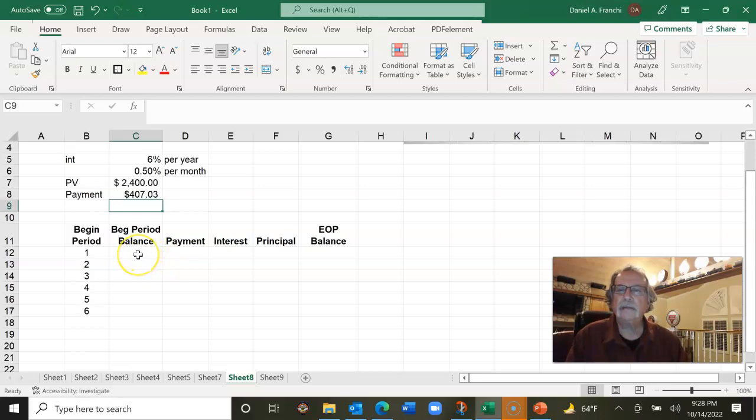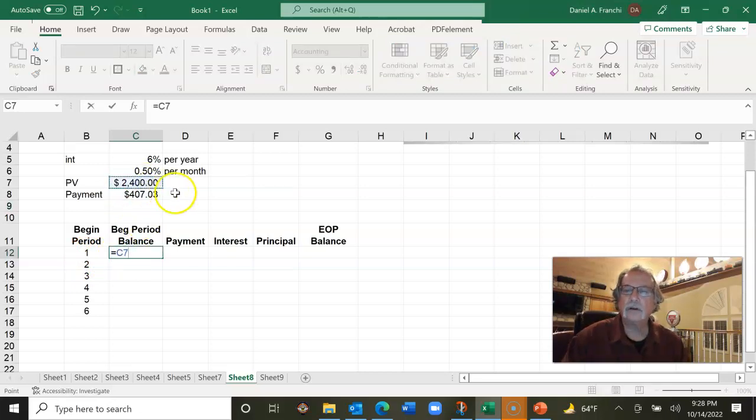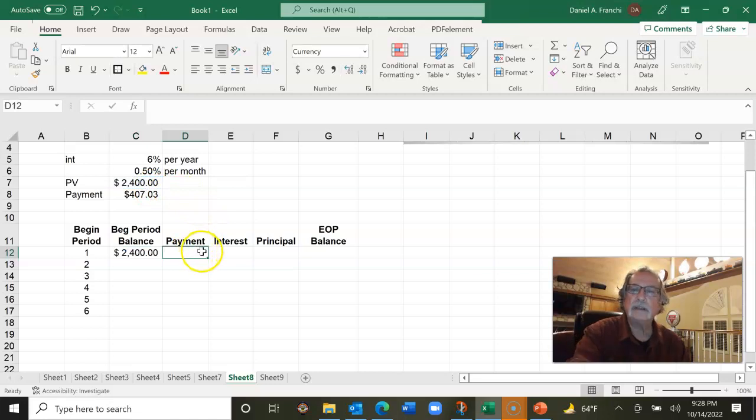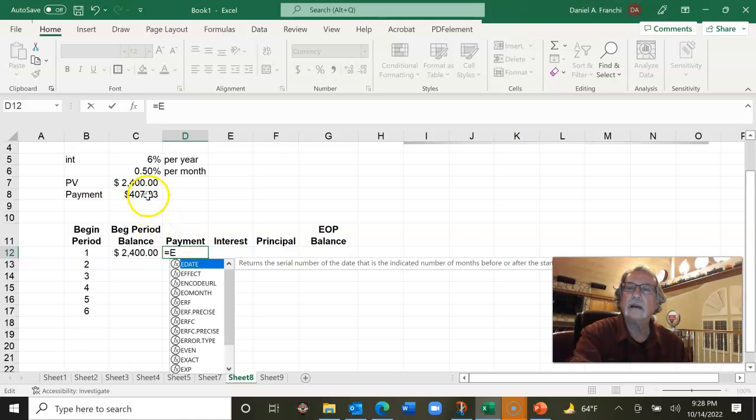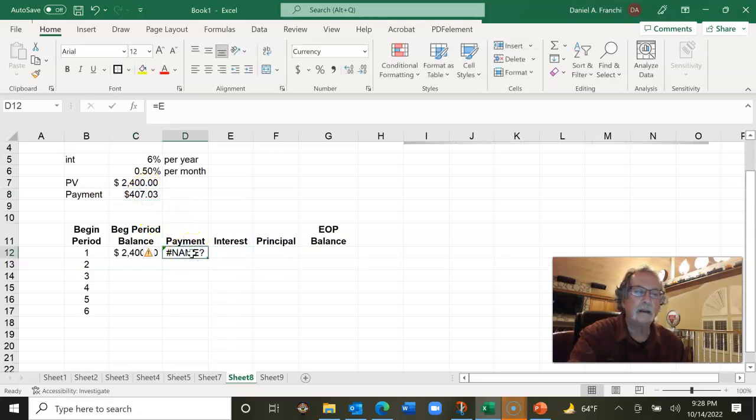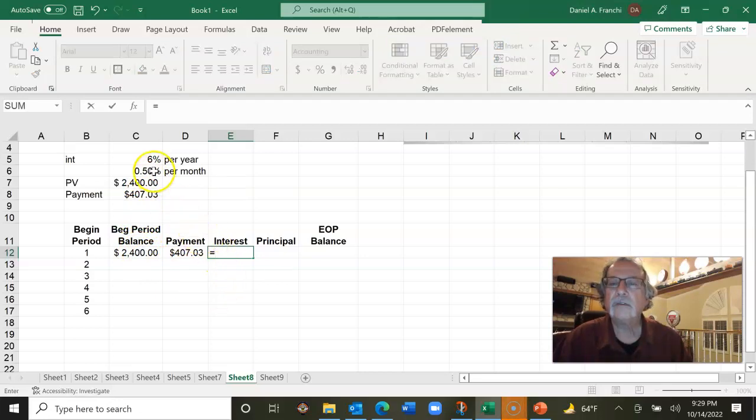Now our beginning period balance, at the very beginning, is the $2,400 we're borrowing. Our payment is going to be $407.03. Interest is going to be 0.5% on the amount at the beginning of the period, $2,400.